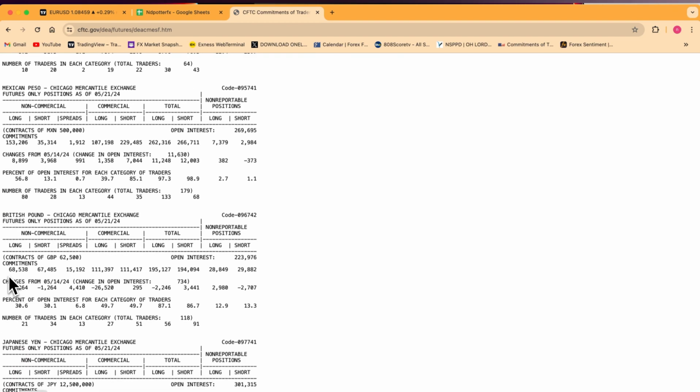And if you look at the GBP, like what I showed you guys on my GBP, see their long is 68, while their short is 67. Increase in long, you see, decrease in short here. The minus 1.264 on their short, while they increase long to 19.864. So this is Japanese yen.